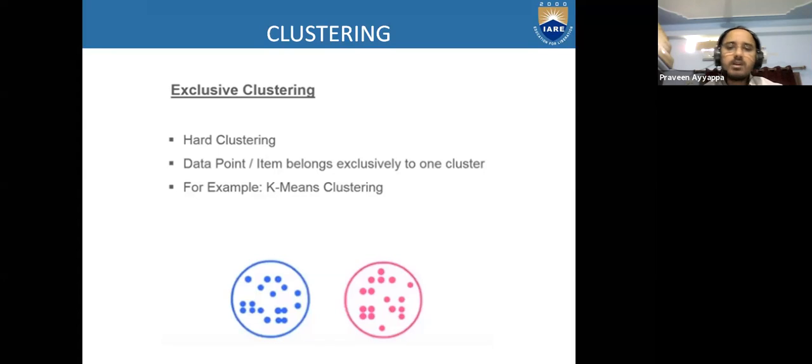Neither is a pink dot existing in the blue cluster, nor a blue dot existing in the pink cluster. So we can say that here the data point or item belongs exclusively to one cluster, which is called exclusive, meaning every cluster is exclusive of its own. And the good example for this one is k-means clustering.